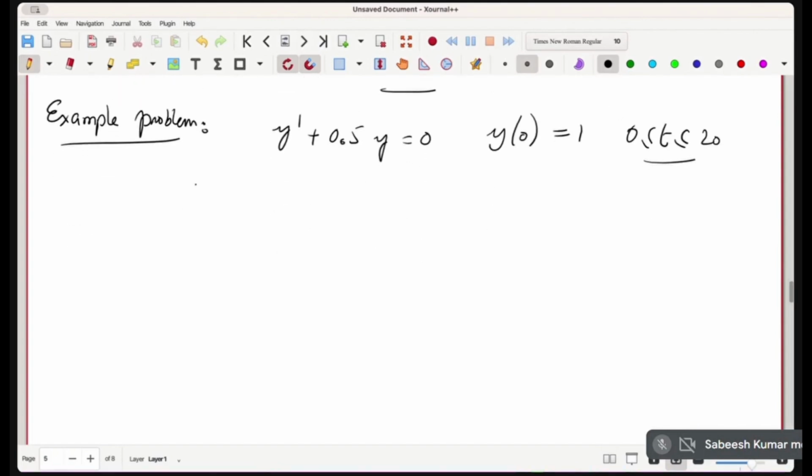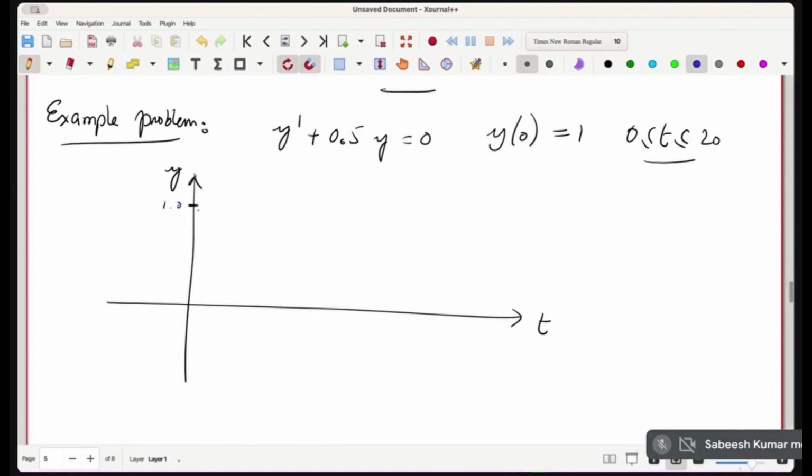Okay. Then let us try to solve this again. This is time. This is y. And then the exact solution basically goes from 1.0, it decays as e to the power minus 0.5t.